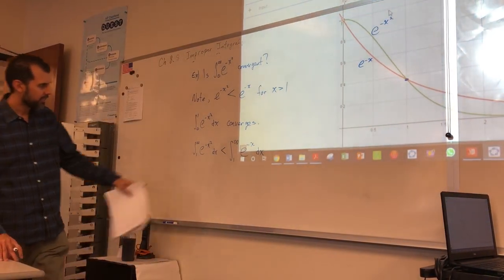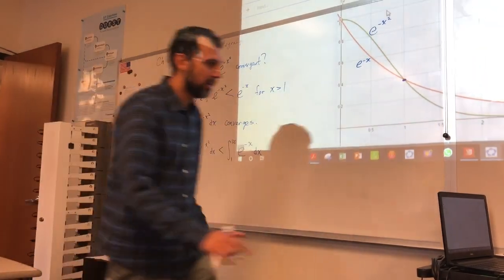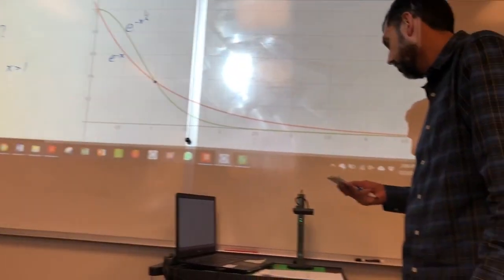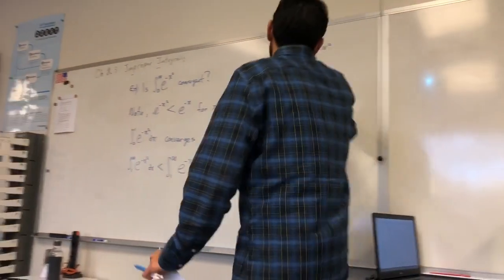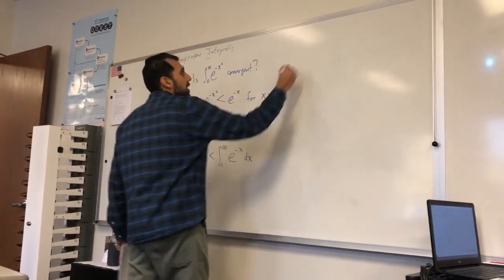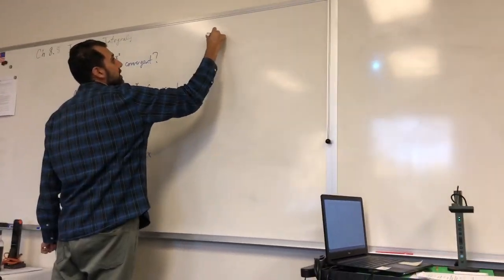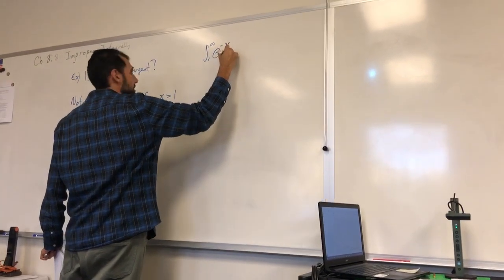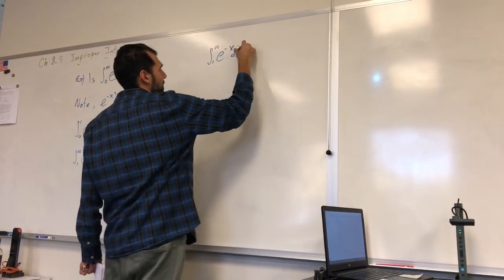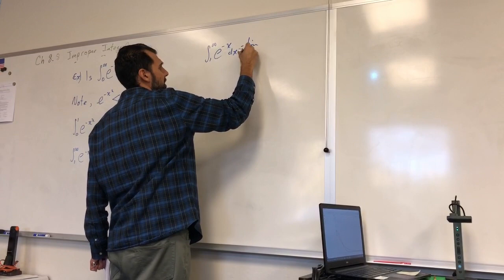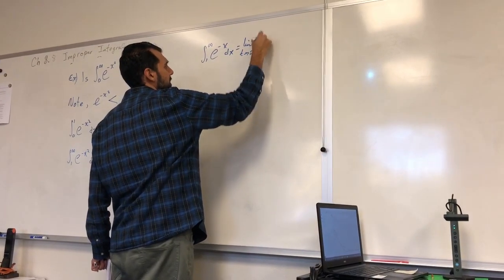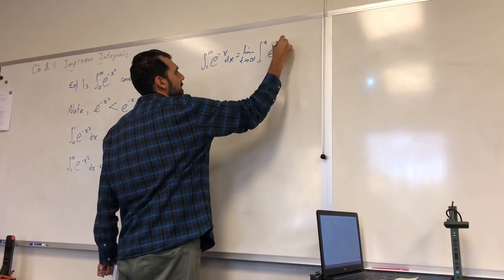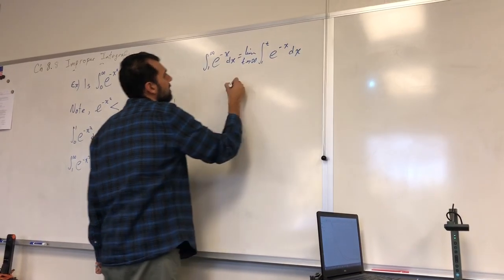Okay, and let's focus on that integral over there, the integral from 1 to infinity, e to the negative x dx. Well, we know we need to take the limit as t approaches infinity of the integral from 1 to t of e to the negative x dx.